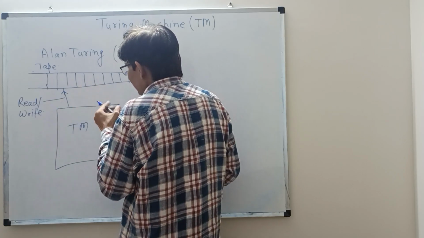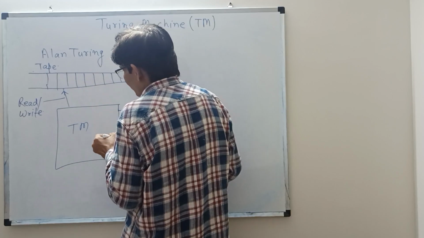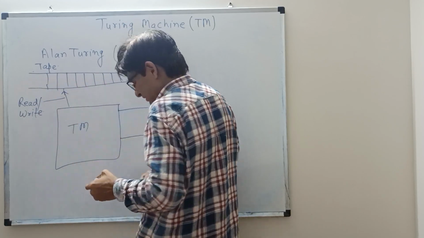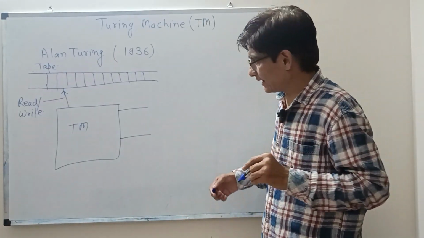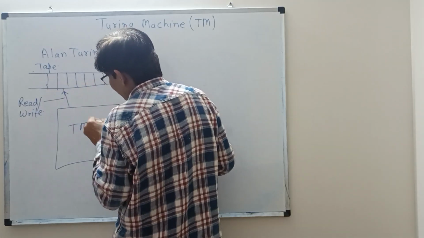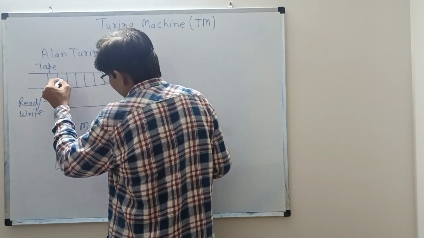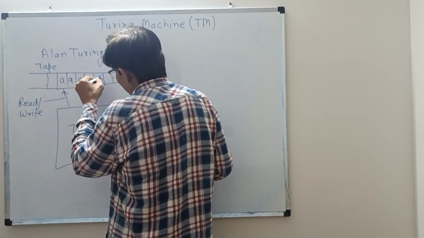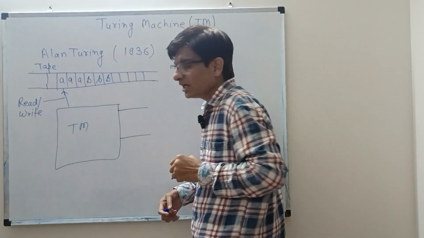As I told you, this particular tape is infinite at both ends, so somewhere in the middle of this tape your input may be written, like A, B, B, B. So this is your input.